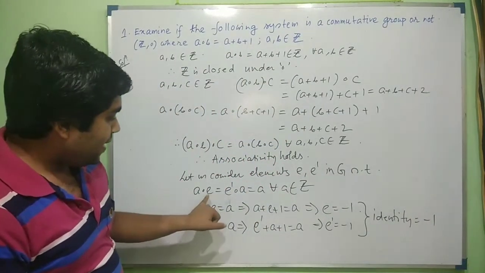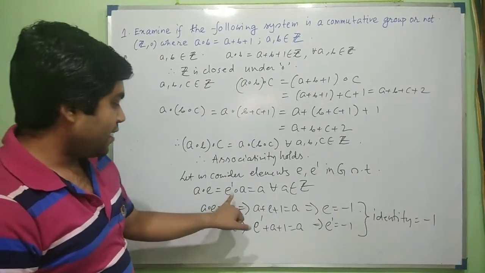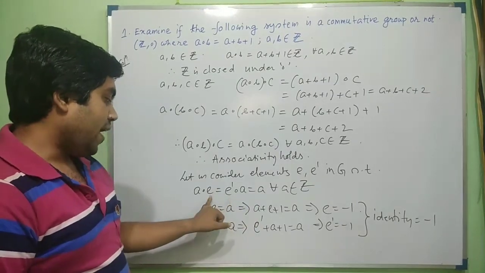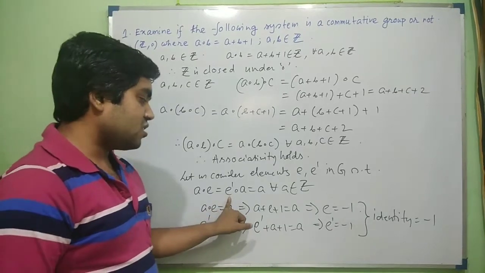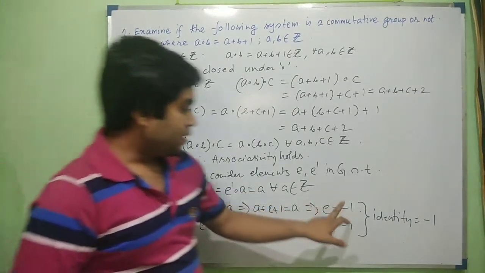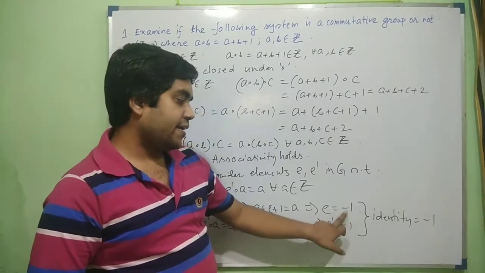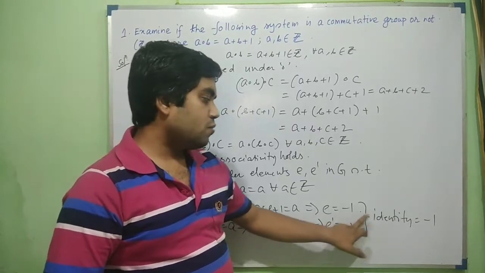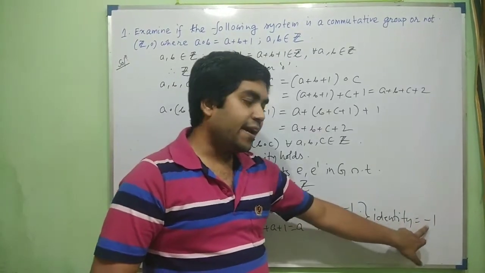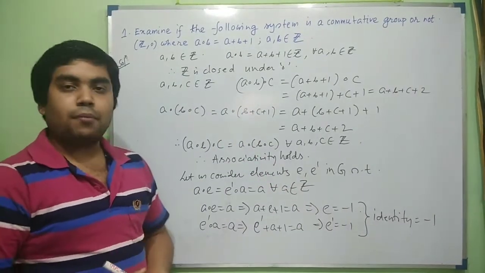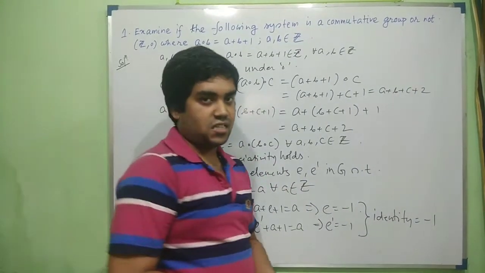Here e is the right identity and e dash is the left identity of the system. Both the right identity and left identity are equal, so this will be called the identity element, and here the identity element is minus 1. And now we have to conclude about the inverse element's existence.